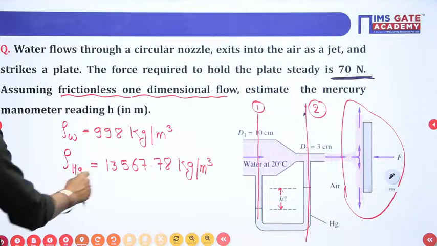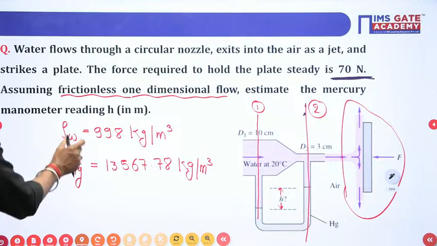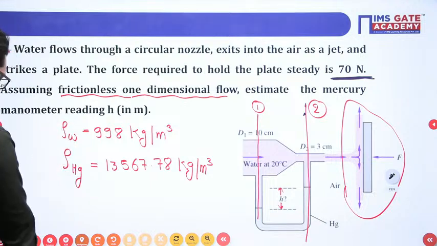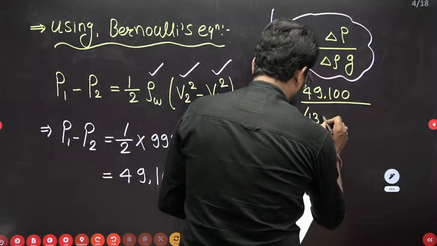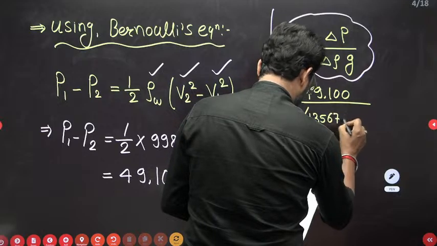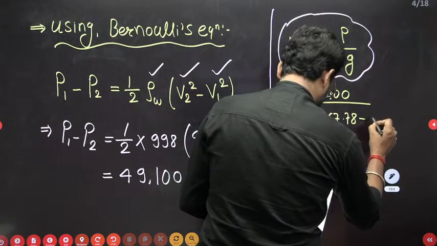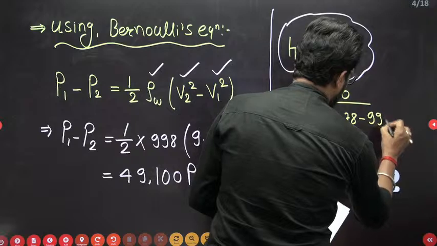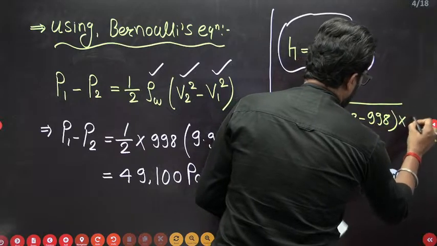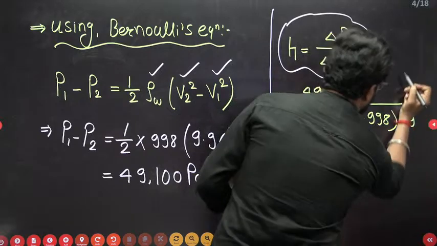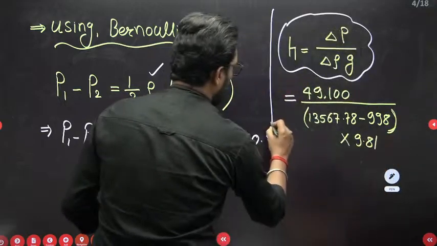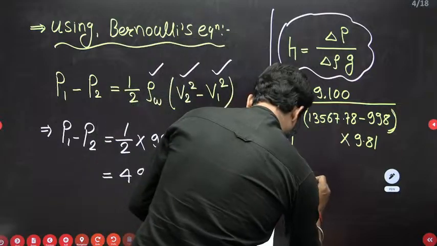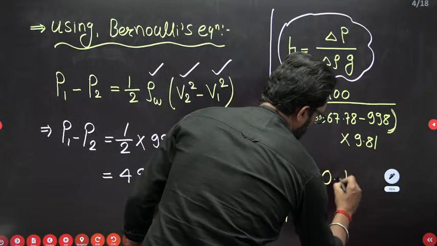So that means rho G minus rho W. So from here, rho G it is your 13,567.78 minus rho W 998, into 9.81. Calculate this value. From here you can easily find approximately 0.4 meter.